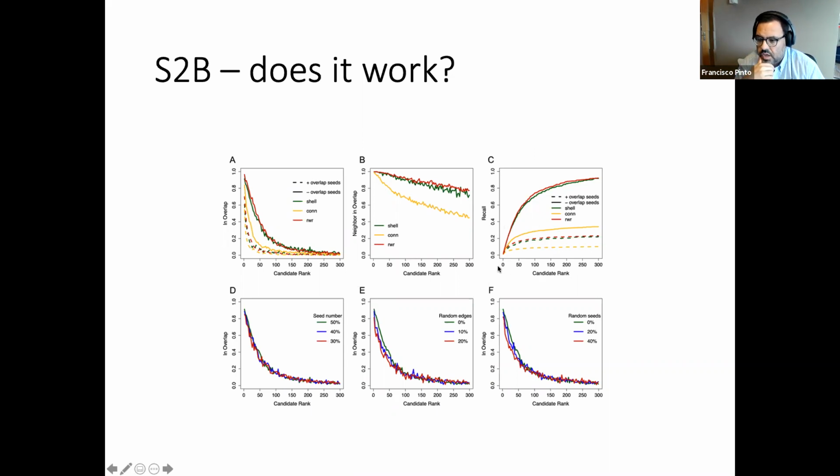That is the recall, and you see that the recall increases quite rapidly as you increase the candidate rank, and reaches around 80% recall for between 150 and 200 top candidates. So we were happy with these results, and we also compared it with the.